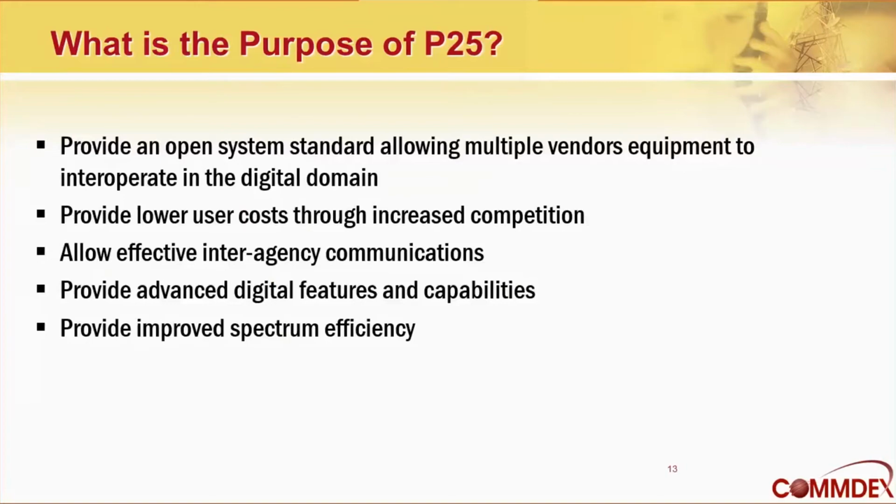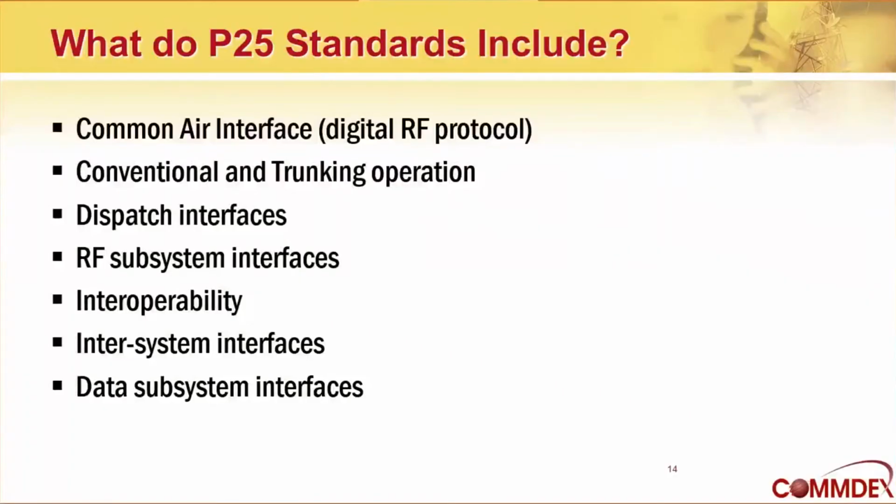So what's in the standards? There are different documents. We talked earlier about the Common Air Interface, the very basic level non-infrastructure interoperability parameters. But then taking that to the next level, you have to talk about conventional systems. How do they interoperate? How do trunk systems operate? Some of the things we talked about: what's the control channel data rate? And what's the control channel signaling protocol? Dispatch.